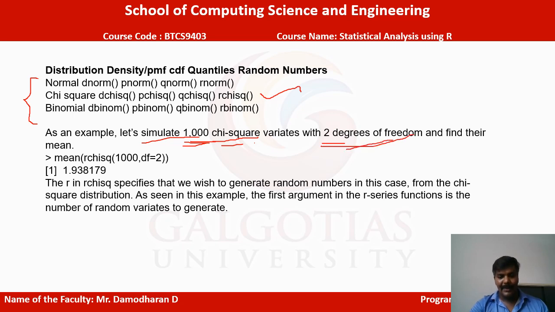We will calculate the mean of r chi-square with that simulation size and degrees of freedom 2. Once we apply the values directly, we get the simulation result in a single step. Mathematically we would use many steps, but the predefined function gives the result in a single step.